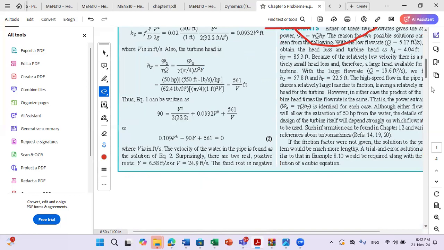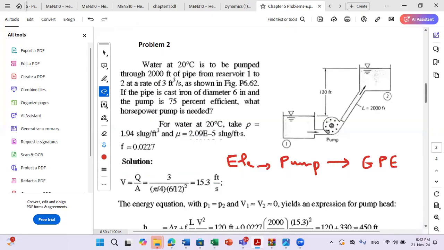Okay. So now here, as we said, we are working in the opposite way, and we need to determine the value of the power supplied to the pump, the electrical power to be supplied in order to perform this operation.